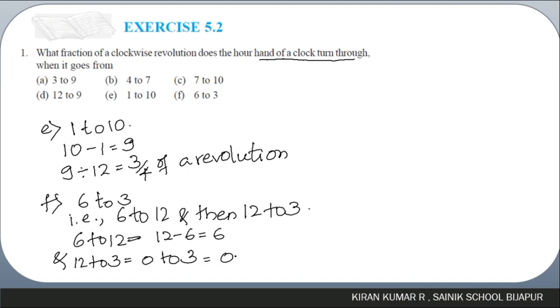So when 0 is subtracted from 3, we get 3. When we combine that, I'll get 6 plus 3, which is equal to 9. I need to divide 9 by 12. I'll be getting 3/4 of a revolution.